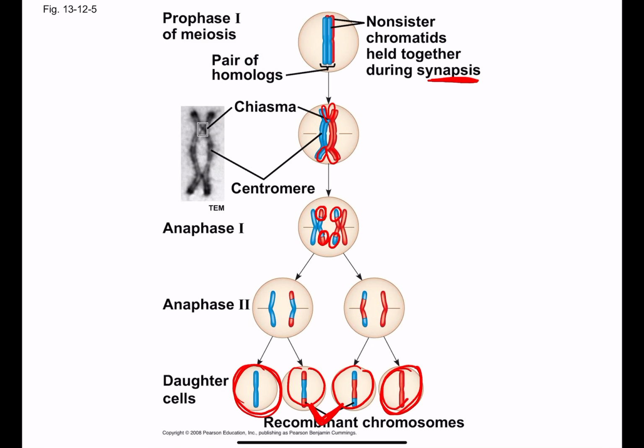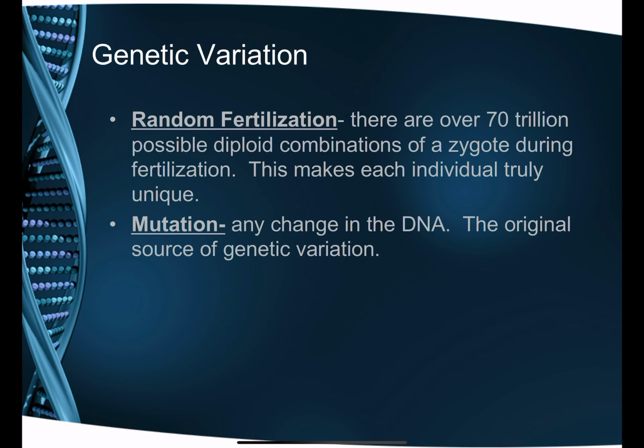So crossing over is another major source of genetic variation in gametes. Okay. The last source, number 3, if you're keeping count, of genetic variation is random fertilization. And so what that means is that we know that every sperm is different and every egg is different, and fertilization happens randomly. Whichever sperm gets the egg first, that is random.